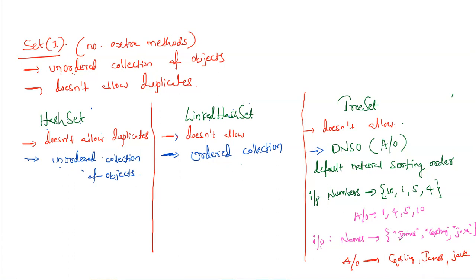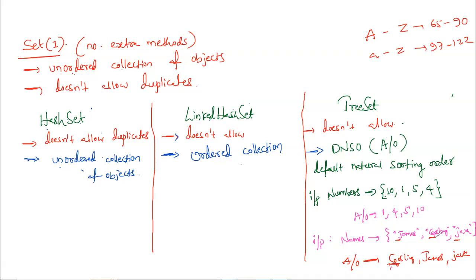So out of these, which has the least ASCII value? Capital letters have ASCII values from 65 to 90 and small letters 97 to 122. So capital G will have the least ASCII value.